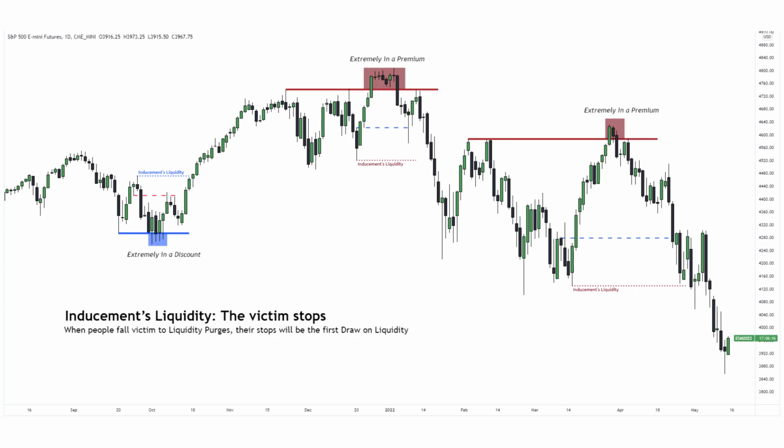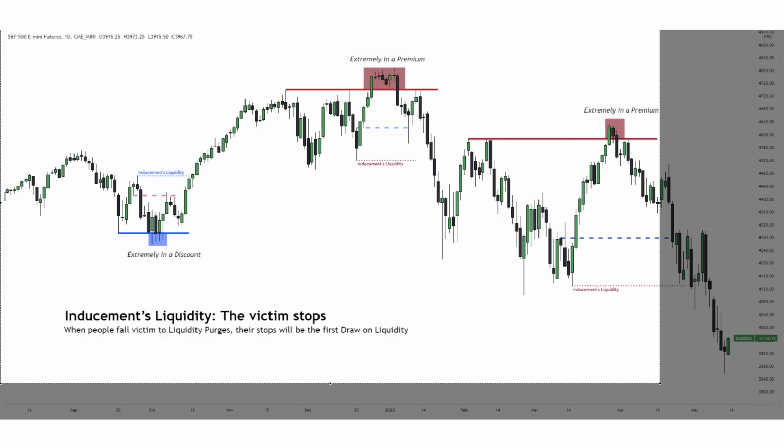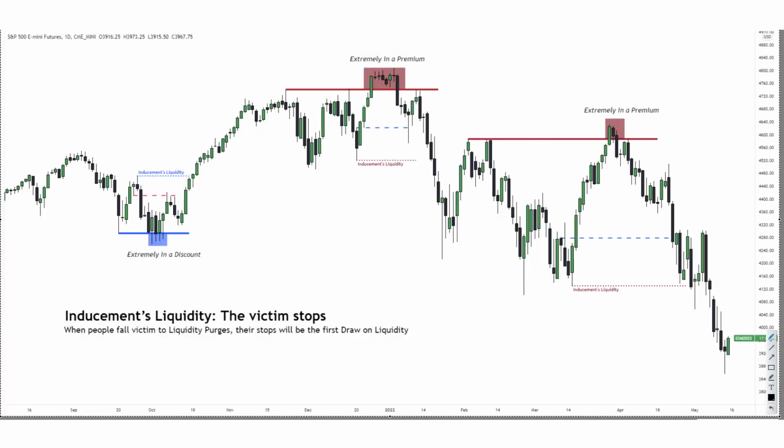So now that we understand the two victims, their stops would be the draw on liquidity, okay? So this move right here is a purge, okay? We have an old low here. People will be selling at a discount, FOMOing, they'll be selling.